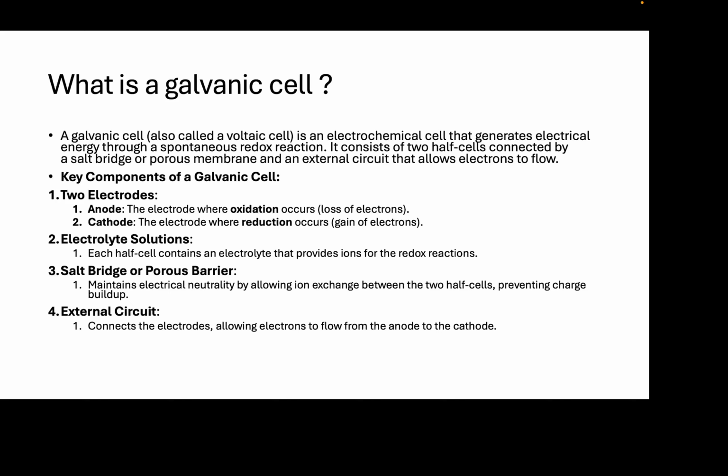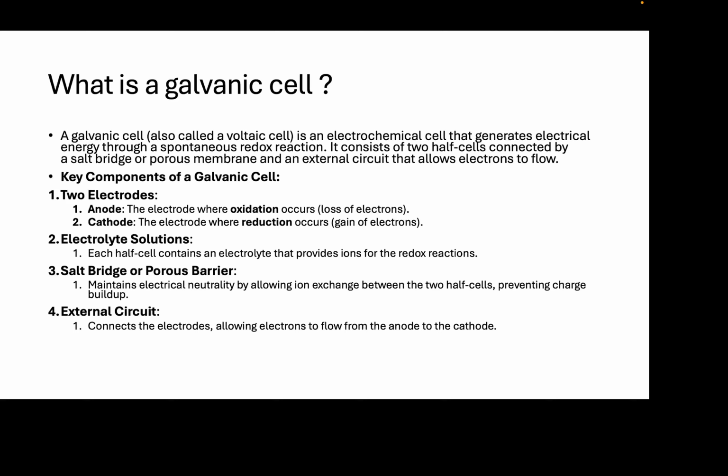So the electrons will transfer from oxidation side to the reduction side. Here the oxidation will occur at anode, hence the electrons will flow from anode to cathode, and the current will flow from cathode to anode, in the spontaneous reaction.